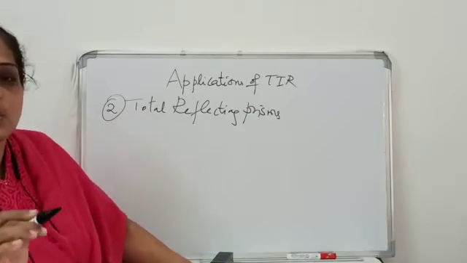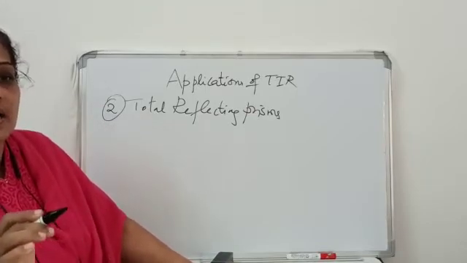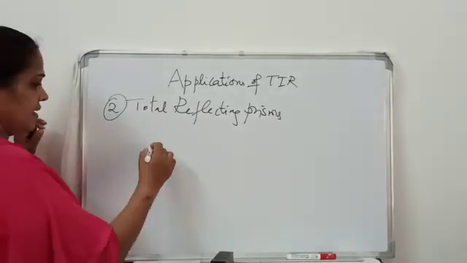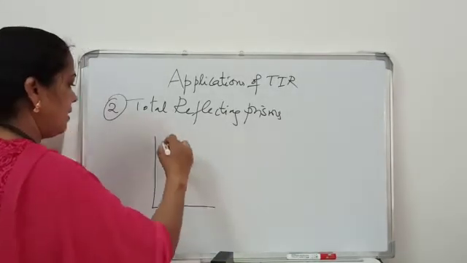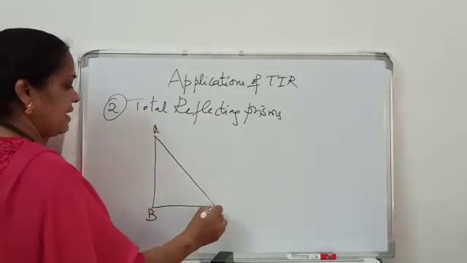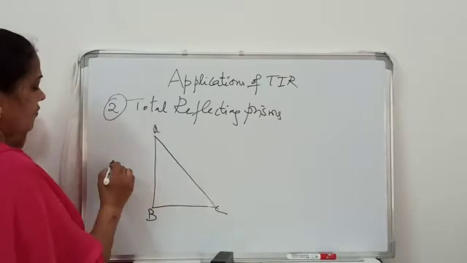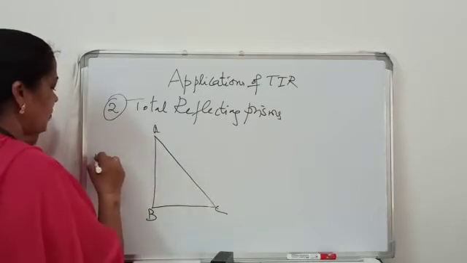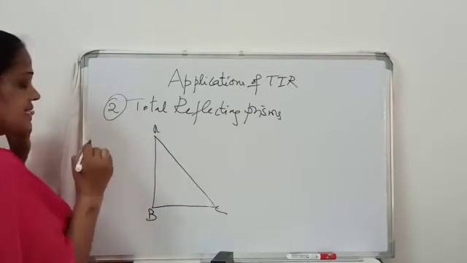Now normally this is used in periscopes and these are used in submarines normally. Just see here, this is one total reflecting prism. Let me name it as ABC. I have an object placed over here, I'll name it as AB.